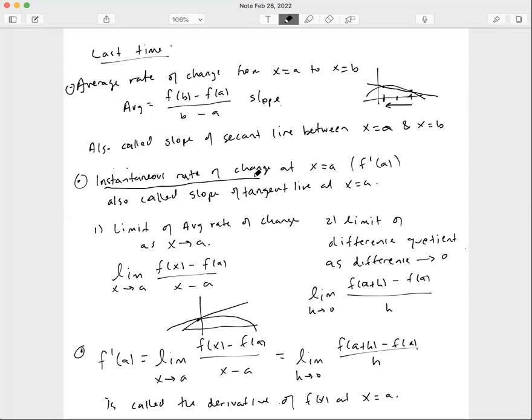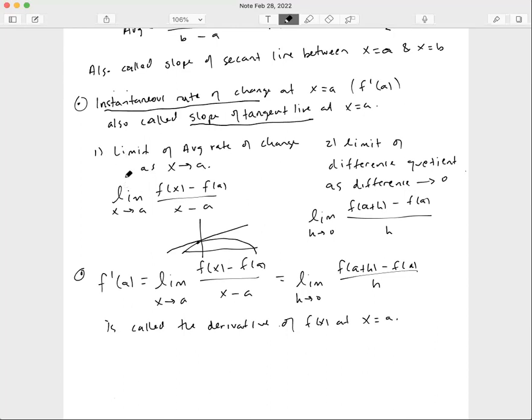In terms of graphs, you can think of it as the slope of a tangent line at a point.